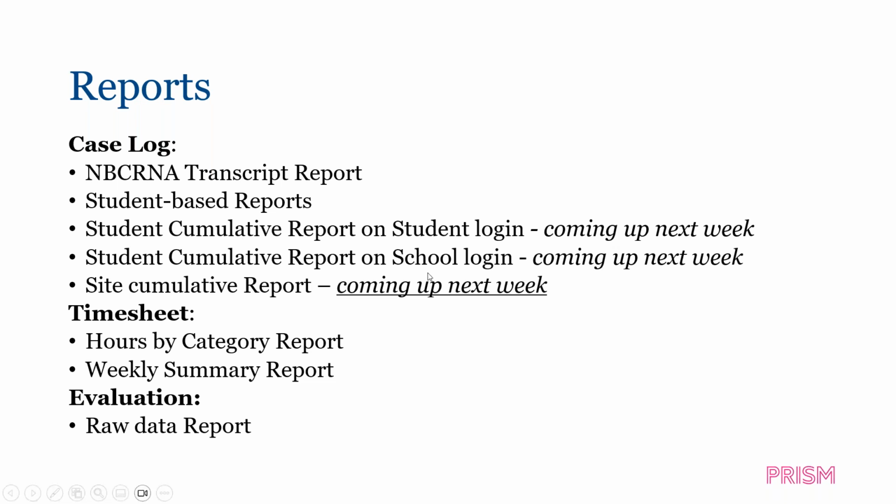But when we talk about school, they can select any student to see this report. And site cumulative report would let you compare the sites, how many students went to which site, how many logs they are logging, and all of that.